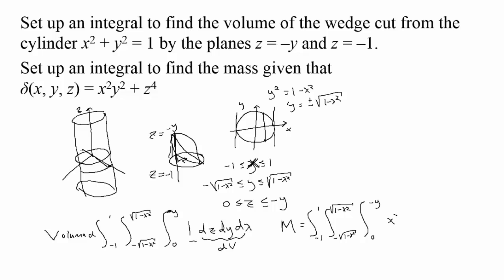So that's going to be x squared y squared plus z to the 4th. That's the density dv. So if that's mass per volume, and dv is a tiny volume, then that product's going to be a tiny mass. And basically what we're doing is we're summing up all the tiny little bits of mass.